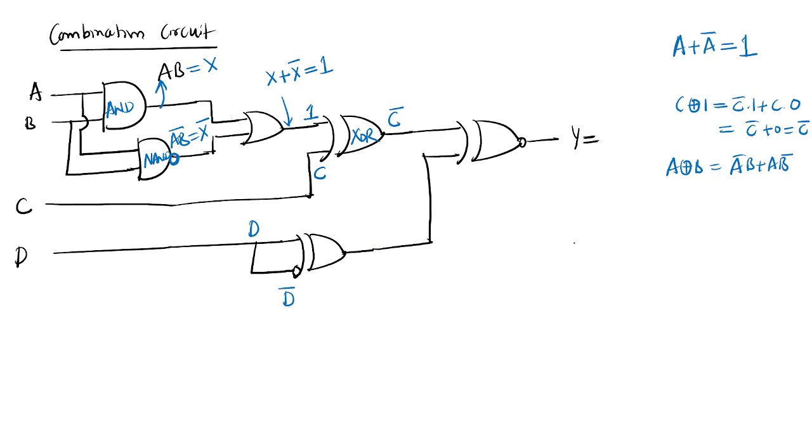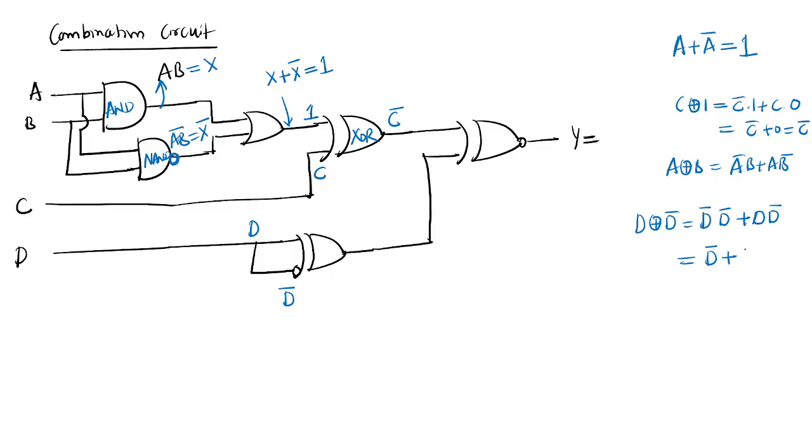It is given to an XOR gate, so D XOR D bar. A bar B plus AB bar gives D bar, D bar plus D, D bar. So D bar plus 0, this is D bar.